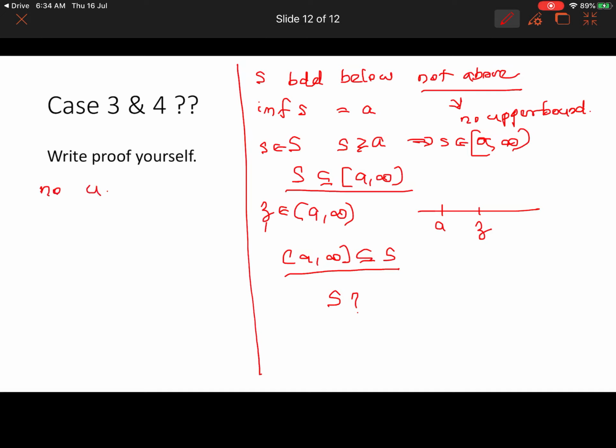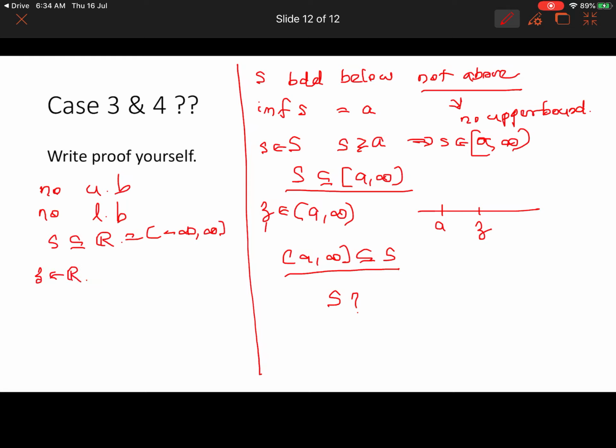Now in case 4, we have no upper bound, no lower bound. S is not bounded above, S is not bounded below. Anyway, S is a subset of R. R means the open interval minus infinity, infinity.